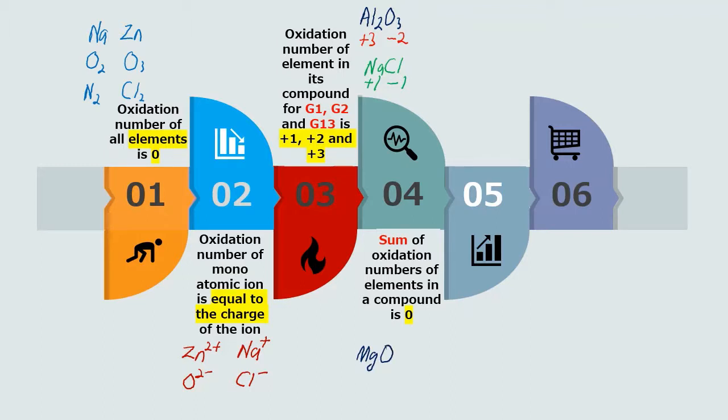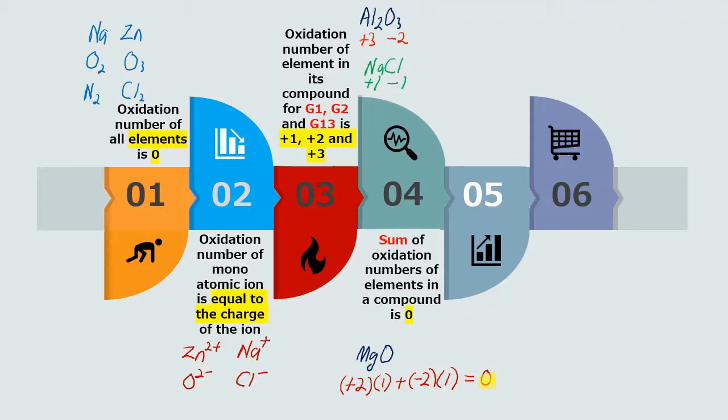So, the sum of the oxidation numbers: magnesium, the oxidation number is plus 2. How many magnesium? 1. Plus the oxidation number of oxygen, which is negative 2. How many oxygen? 1. The total of this oxidation number must be 0. Am I right?